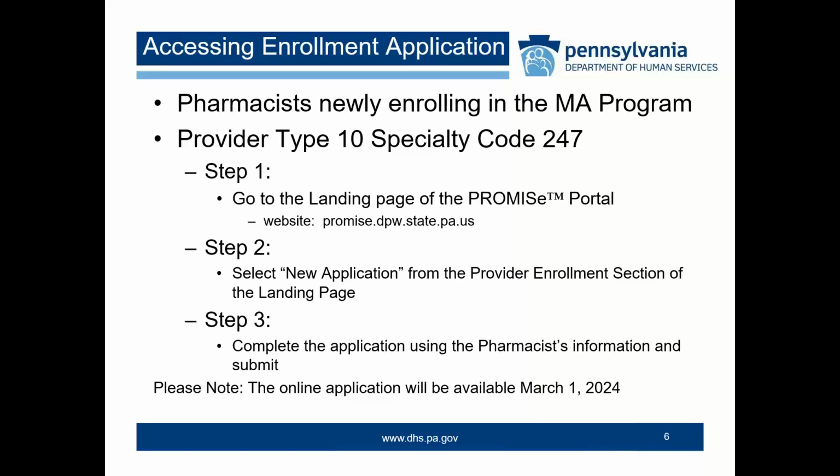The website is listed there on the slide, promise.dpw.state.pa.us. You want to select New Application from the Provider Enrollment section of the landing page, and then complete that application using the pharmacist's information and submit it. And again, keep in mind that that online application will not be available to you until March 1st.